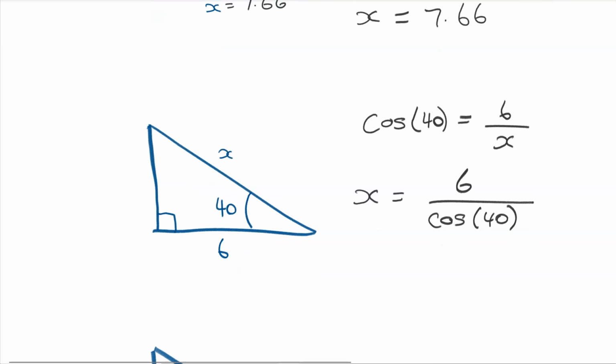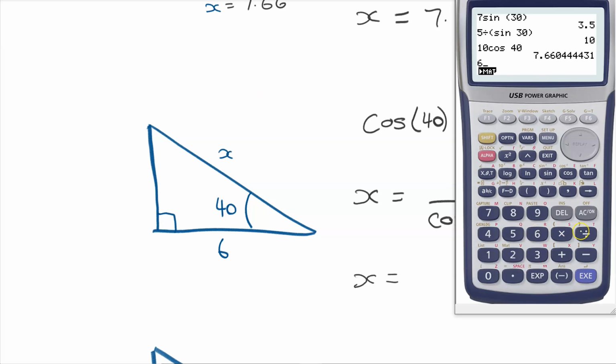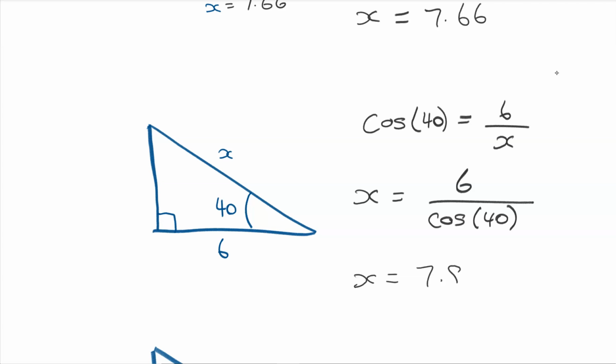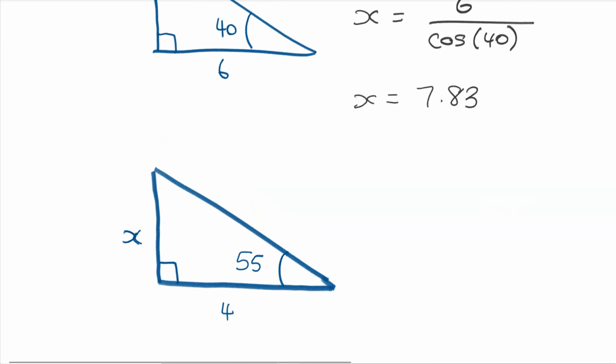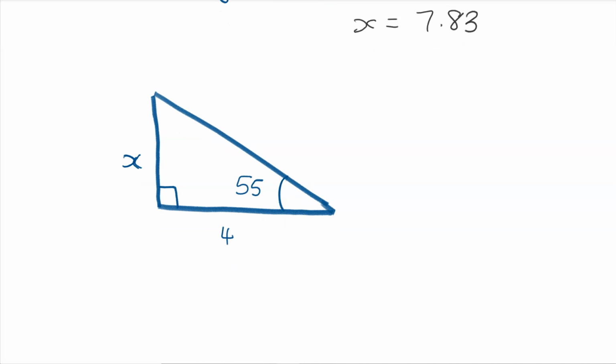Therefore, x is equal to, and I'll put it on my calculator, 6 divided by cos 40. So we get 7.83, rounded. Similar situation, we rearrange. Because we're finding the hypotenuse, the rearranging is slightly more, but we use that idea again to find the length.